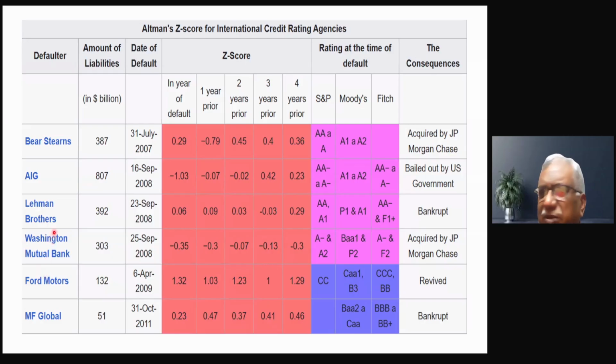You know all of them, Lehman Brothers, Ford Motors. And the comparison was with three agencies, S&P, Moody's, and Fitch. These fellows have been giving them pretty good ratings, A's, and they have CCs and all kinds of stuff. But if you look at their working ratios, these are the numbers here.